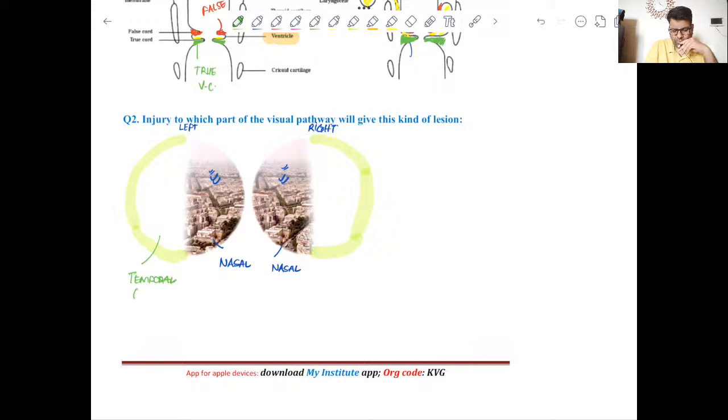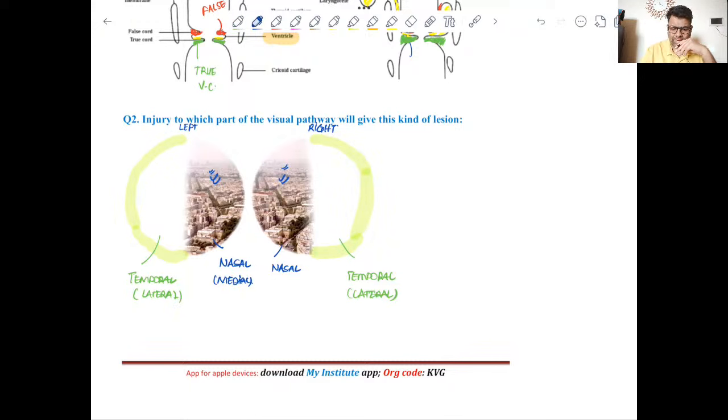Clear? So this is the nasal half, and on this side is the temporal or the lateral half. Clear? So temporal, you can say lateral, right? So this is also temporal, or you can say lateral. Nasal is of course medial, right? So this is medial.